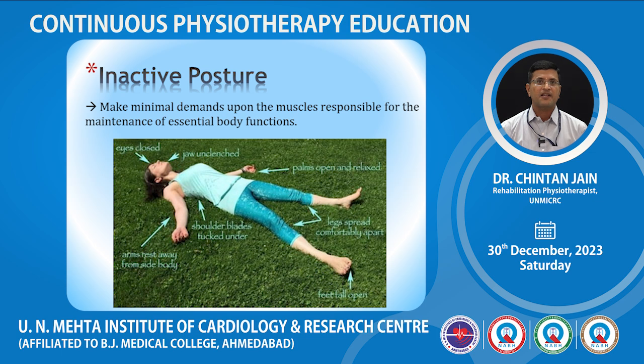The lady is in a sleeping or resting position, making minimal demands upon the muscles responsible for the maintenance of essential body functions. This lady is resting: jaw is unclenched, eyes are closed, arms rest away from the body, shoulder blades tucked under, legs spread comfortably apart, feet fall open, and palms are open and relaxed.